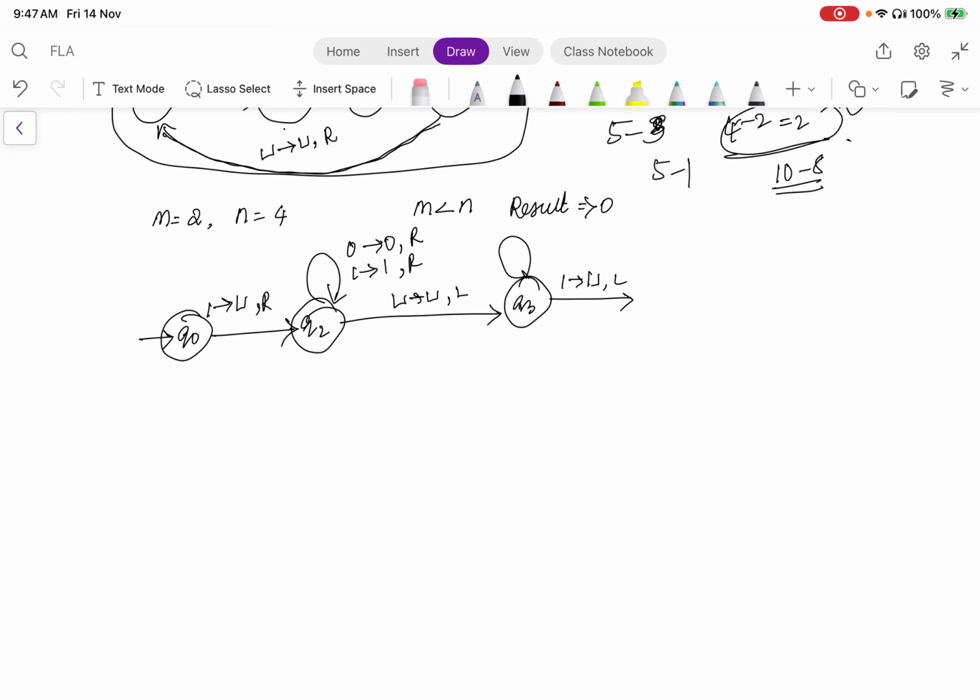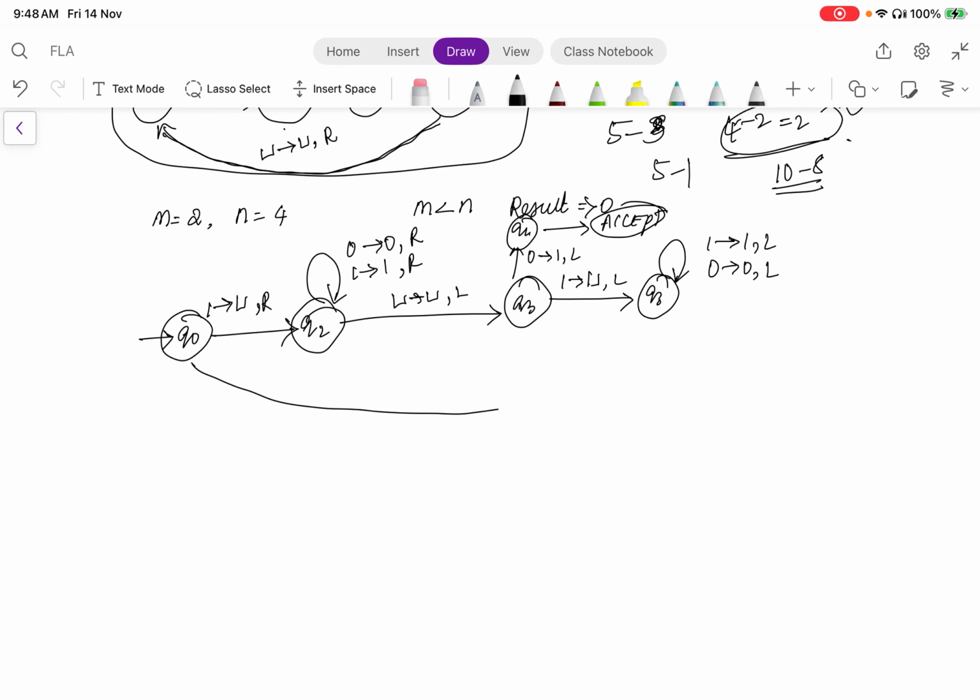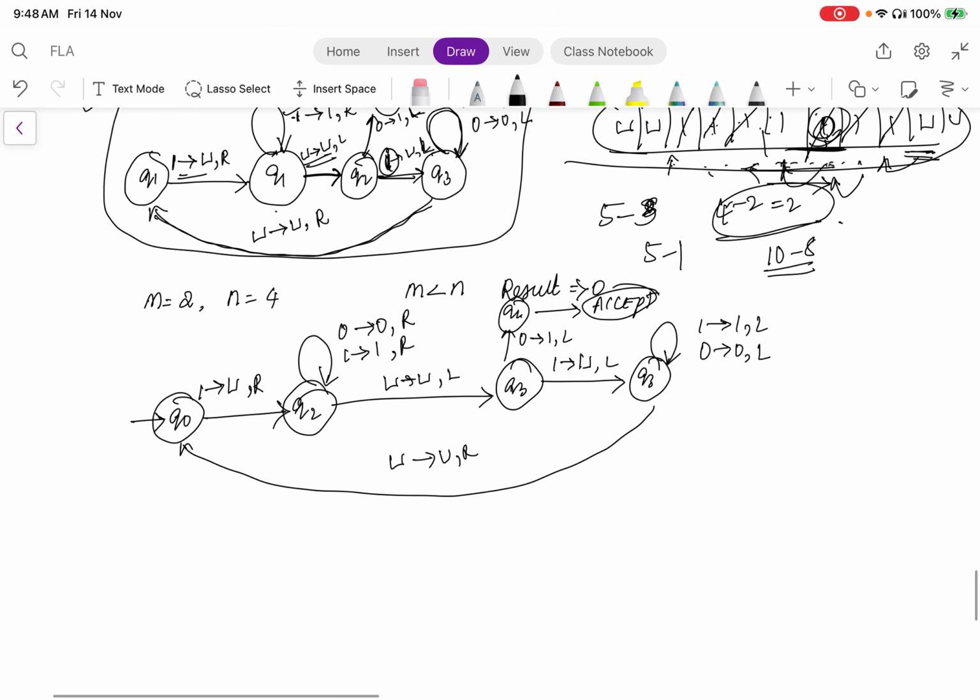And then if you have 0 here, you change that to 1. Okay, Q4 and accept. Okay, Q3, 1 to 1, comma L, 0 to 0, comma L. You repeat the process. Blank space to blank space, comma L. So all these we saw already in this Turing machine.